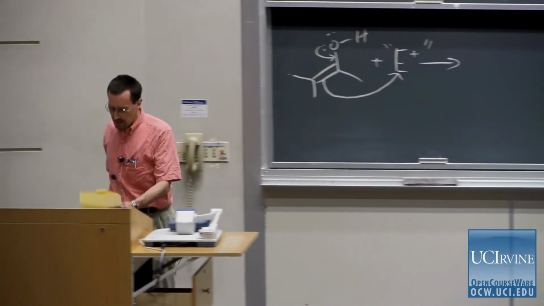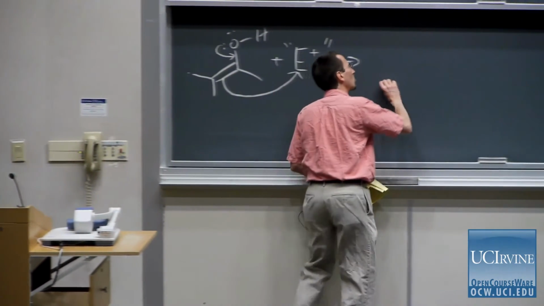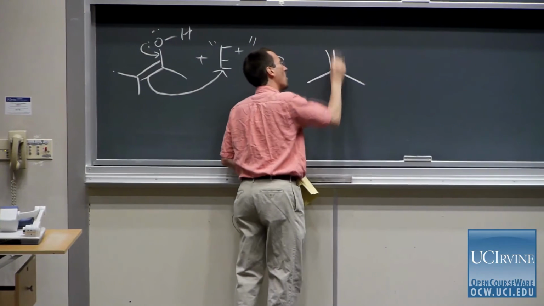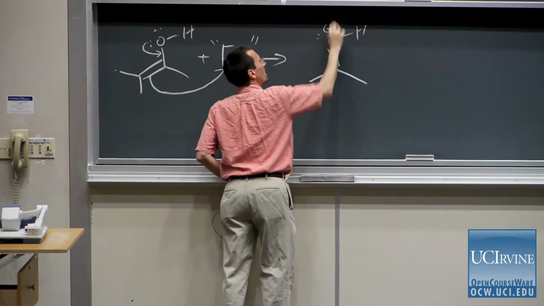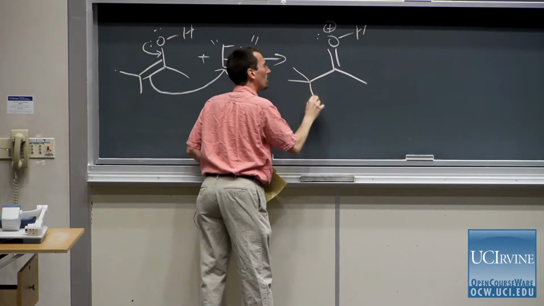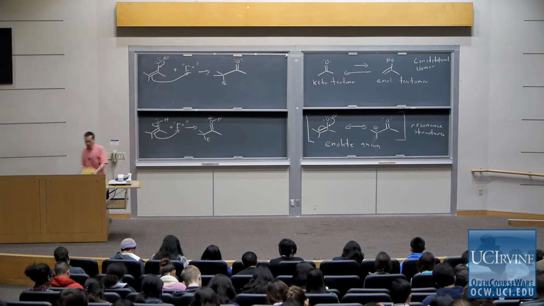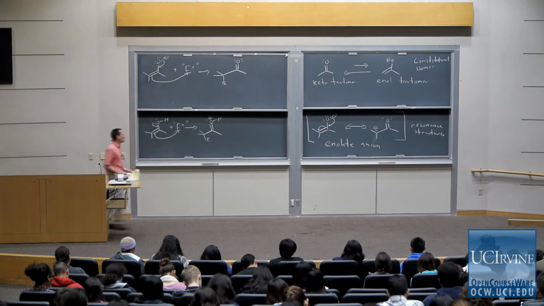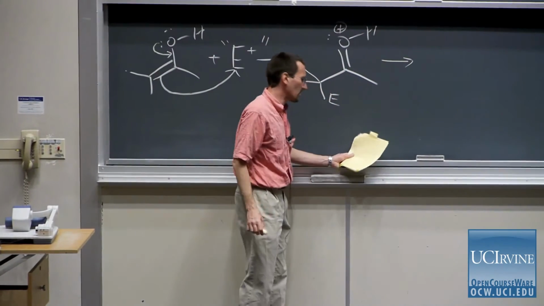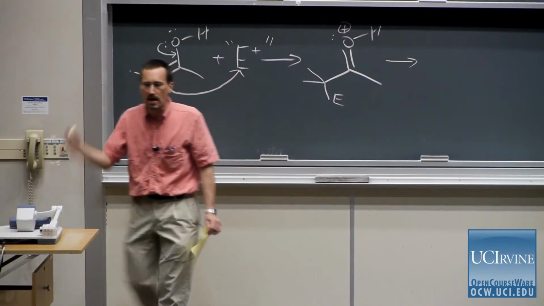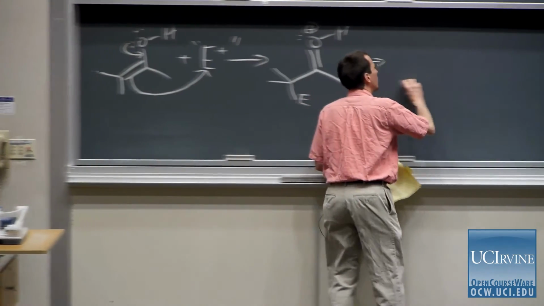And if we continue with our grammar of electron pushing, our grammar of the curved arrow, that's going to leave us with a protonated carbonyl and a bond to our electrophile. And now we can imagine losing a proton. Again, I'm talking very much in abstractions here, so I'm not talking about a proton just popping off, but a proton being taken off by base.